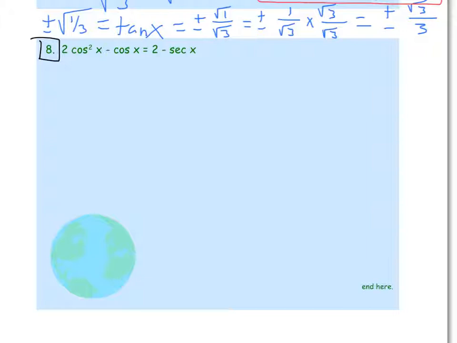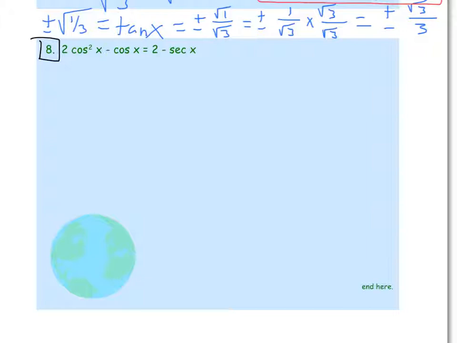But a couple pointers here on this one. It's got that cosine squared. That's something we have to look at, cosine squared. And 2 minus secant. We got 2 different trig functions, so that's the approach that you should take. Should deal with that right away. We can't make a lot of progress solving this equation if we have cosine and secant.